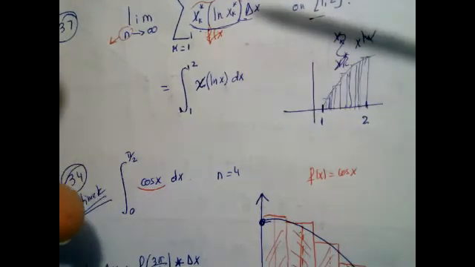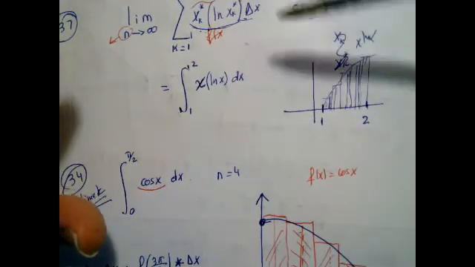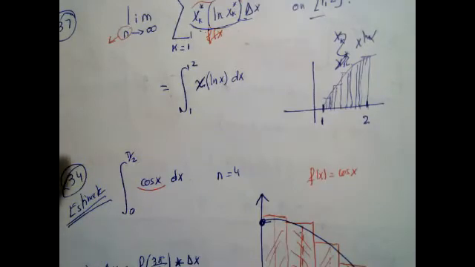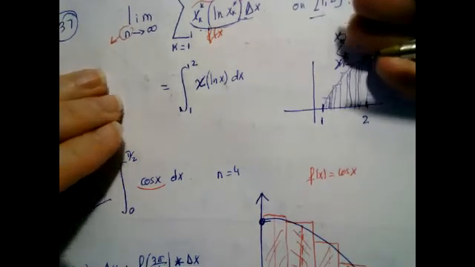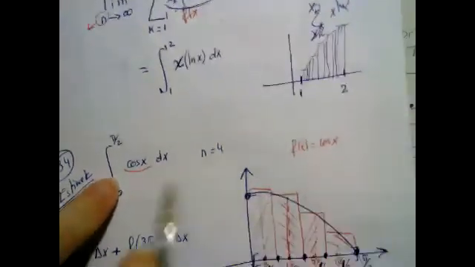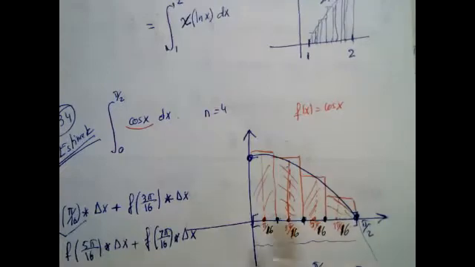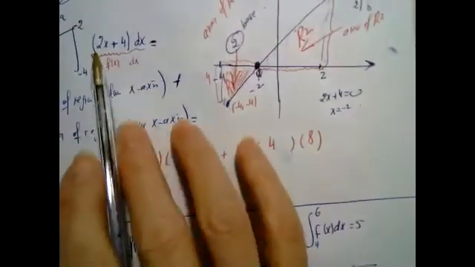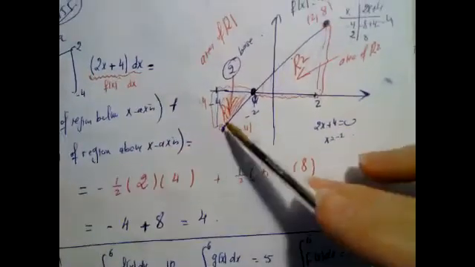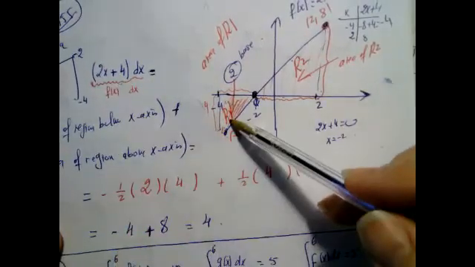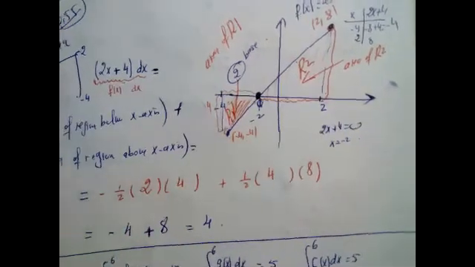And the previous problems wanted to remind us that graphically, the definite integral is the net area. It means minus the area below plus the area above the x-axis. In this problem, my function was positive, so I didn't have to do much. In the first problem, when I took 2x plus 4, the function was positive and negative. So the definite integral represented minus this area plus this area.